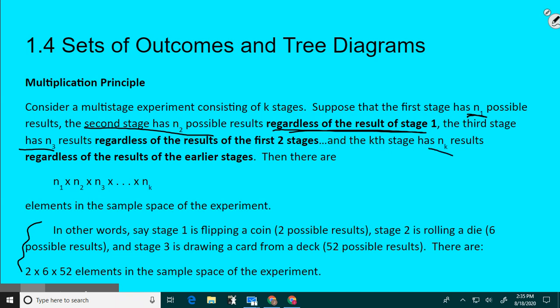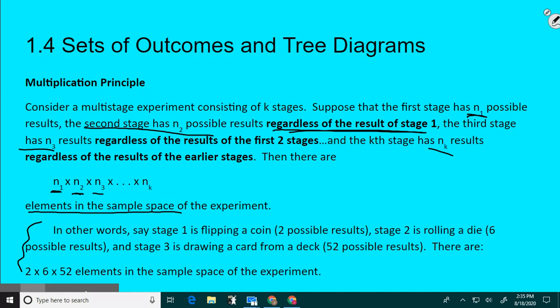So 100 stages, 200 stages, 5 stages, whatever. If I want to figure out how many elements are in my sample space, we can just multiply how many outcomes are in each stage. So stage 1 had that many outcomes, stage 2, 3, and so on. We just multiply them together.